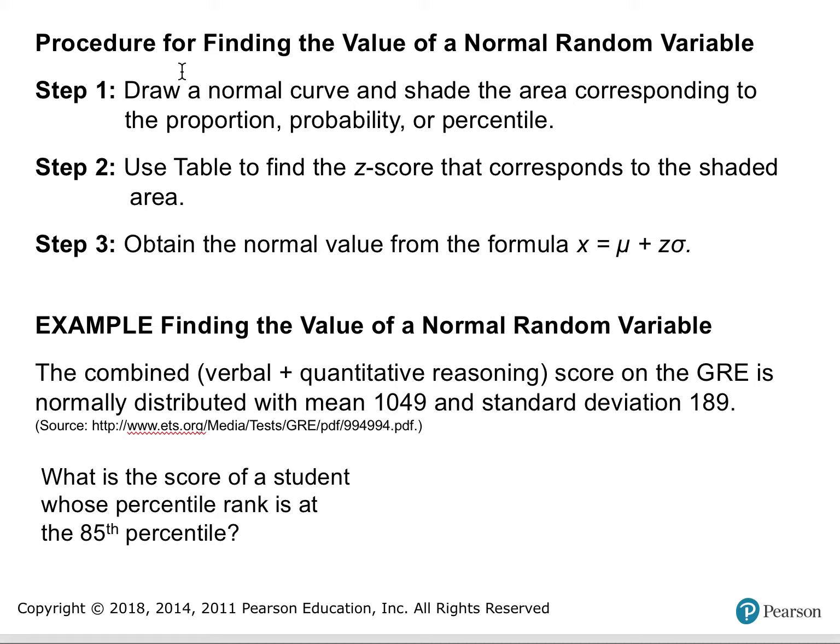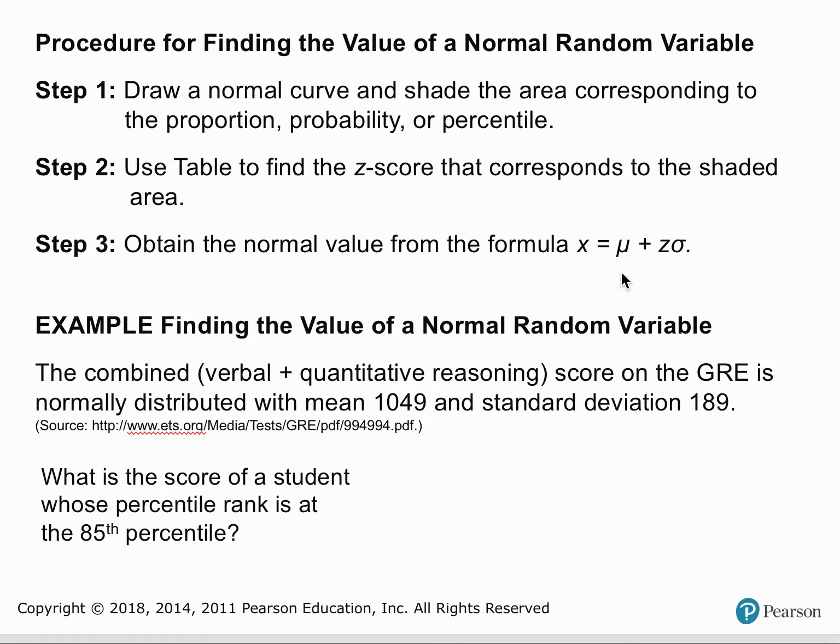So here's a procedure for finding the value of a normal random variable. Draw the normal curve, and shade the area corresponding to the proportion, probability, or percentile that you're given. Use a table to find the z-score that corresponds to the shaded area. And then obtain the normal value from this formula.